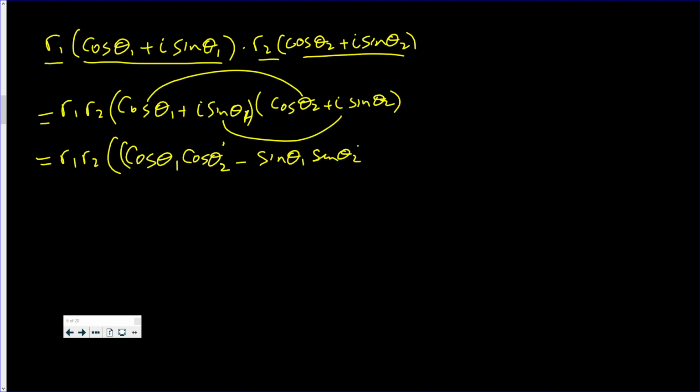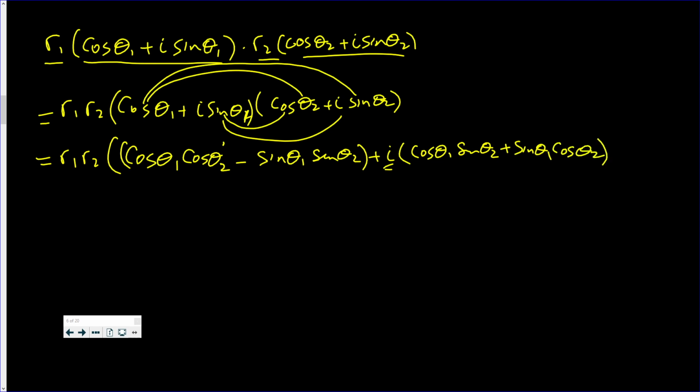Let me put brackets around that. Plus everything else, I'll factor out the i. I need to multiply cosine theta 1 times i times sine theta 2, but I factored out the i. And then I have to multiply i sine theta 1 by cosine theta 2, but I factored out the i. So I get plus sine theta 1 cosine theta 2.